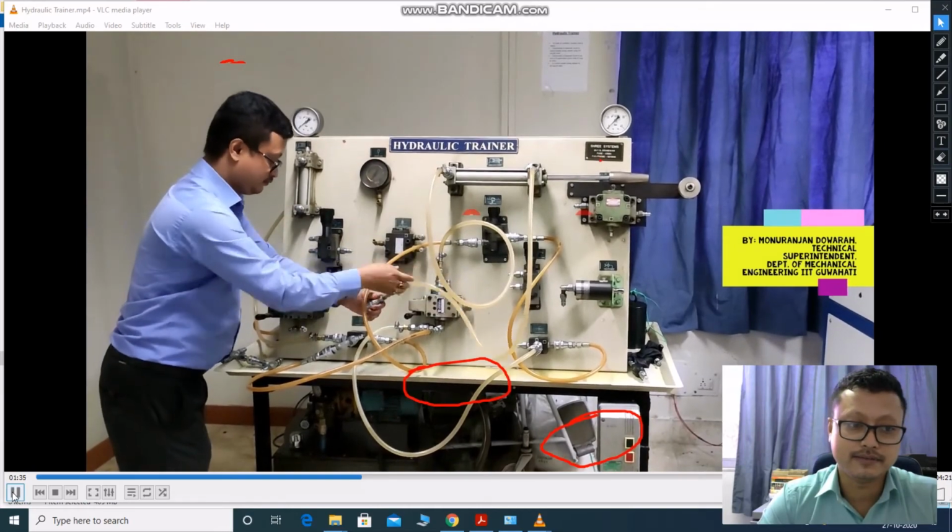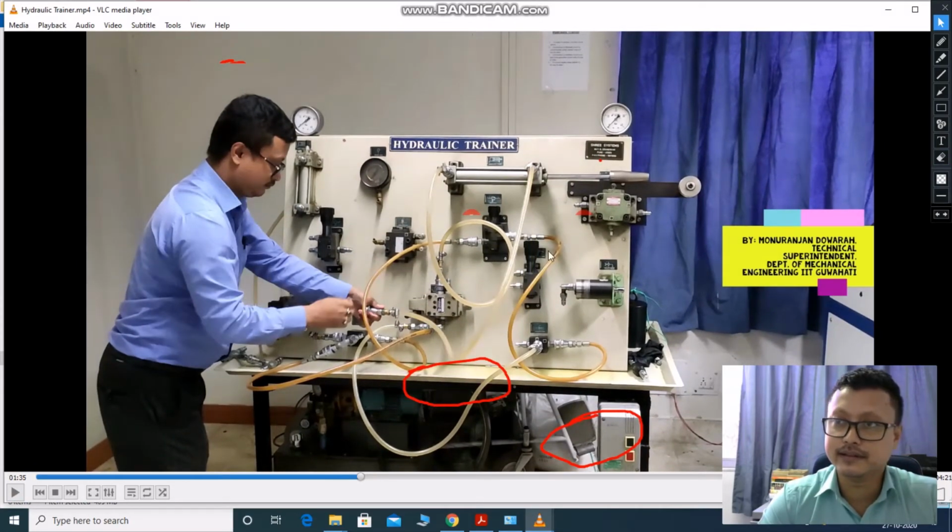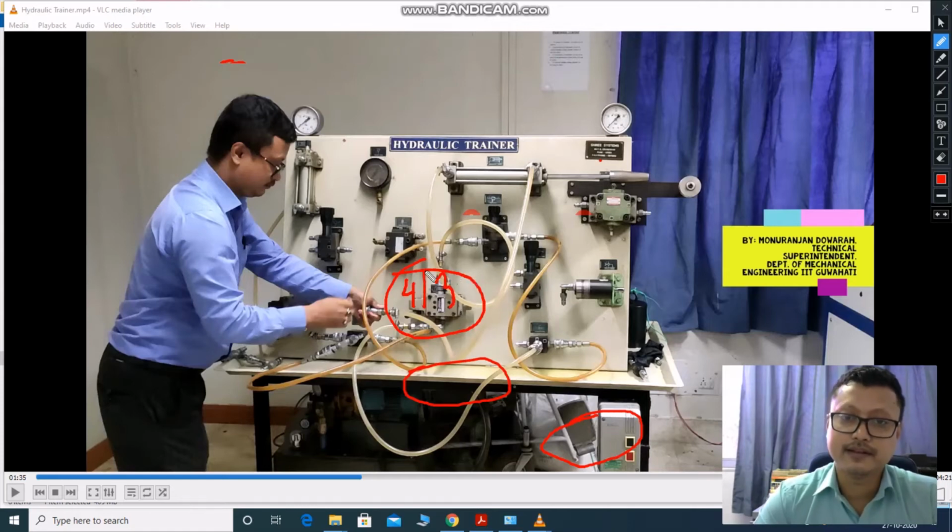Okay, next experiment with 4/3 directional control valve with regenerative circuit. This is the regenerative circuit where we are using the same 4/3 directional control valve, but if you observe closely here, one pipe is missing. In this portion, say number 8, the pipe is missing here.